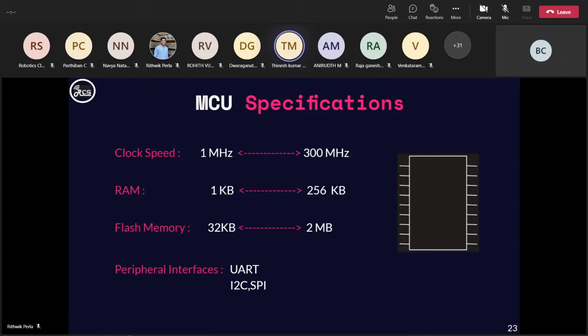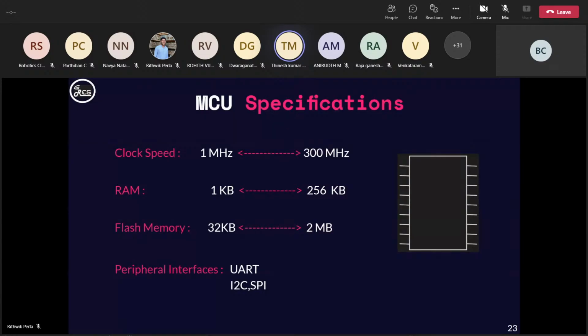Okay, so let's move on to the specifications. As you've already seen in the microprocessors, here we have a clock speed of 1 megahertz to 300 megahertz. RAM ranges from 1 kilobyte to 256 kilobytes, and flash memory from 32 kilobytes to 2 MB.